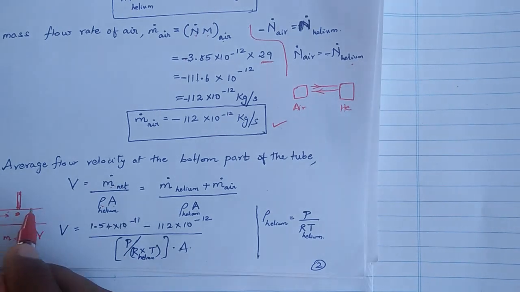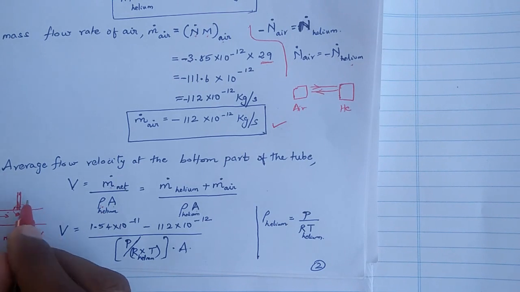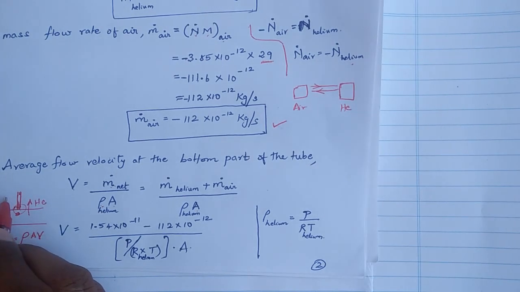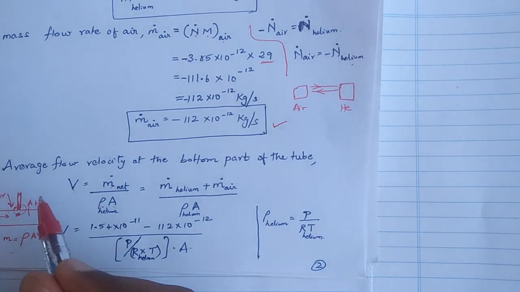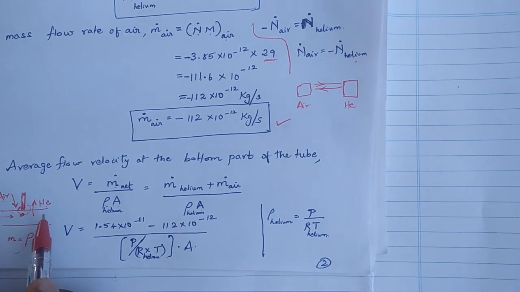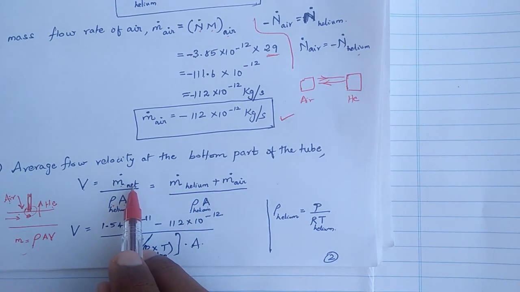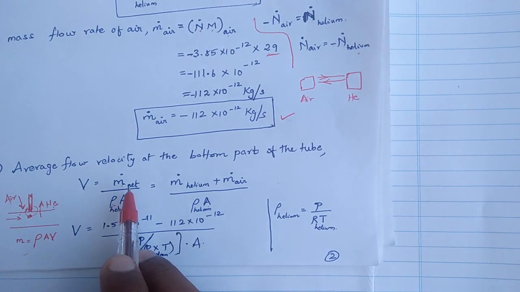Mass flow rate, you can't simply take the mass flow rate of helium, because at this point helium gas will be going in the upward direction and the outside air will be entering through the tube. So you will be having two mass flow rates, one is air, another is helium. So you have to take the net mass flow rate. So velocity is given by the net mass flow rate divided by density into area.